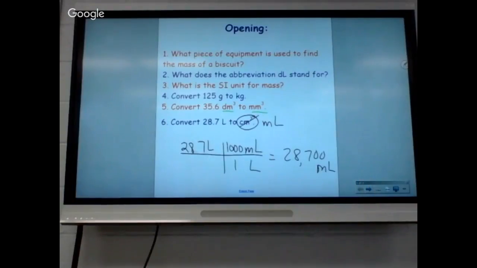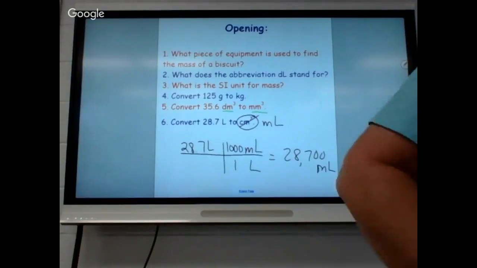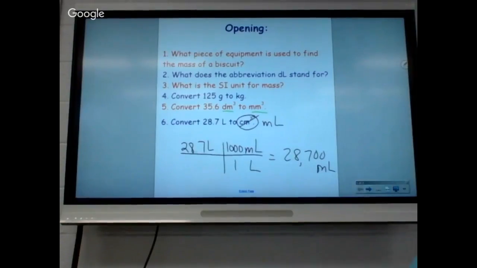Okay. All right. So if we look at our homework questions. Number 1, decimal 0.156. Number 2, 1.25 hectometers. Number 3, decimal 35 decameters. Number 4, 650 hectometers.